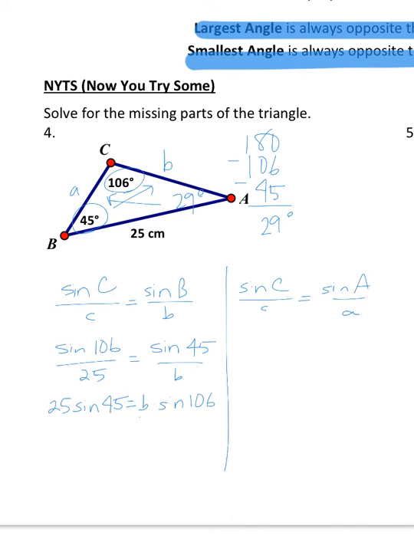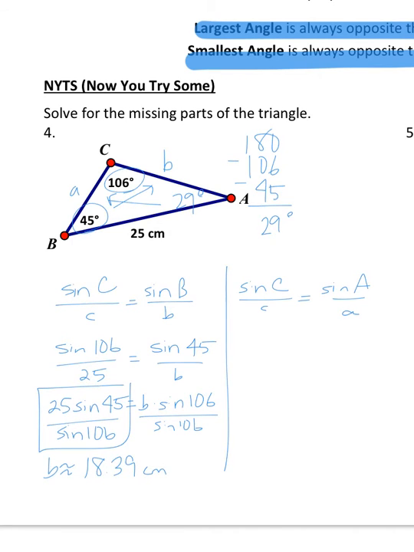And to solve for b, we need to isolate it, so divide both sides by sine 106. And so from here, plug this into your calculator as is. Be sure that when you're plugging this expression into your calculator, you close out the parentheses behind the 45 before dividing by the sine of 106. And if you substitute this correctly, you'll get b is about 18.39 centimeters.